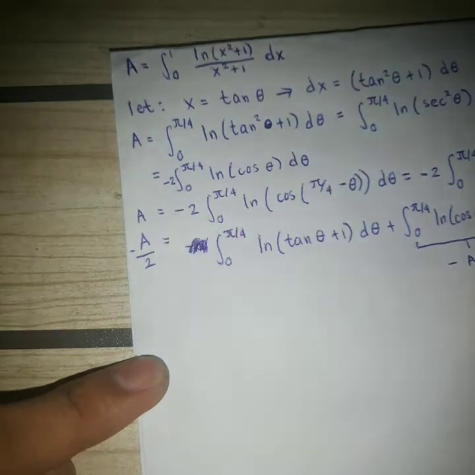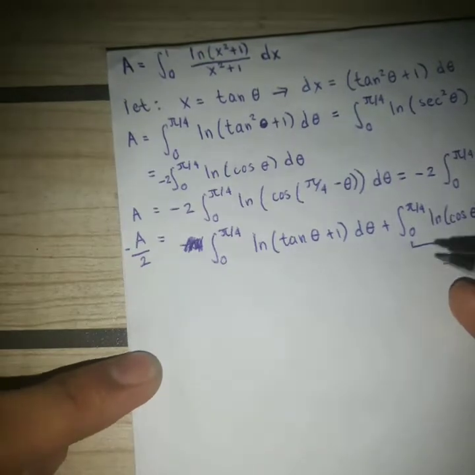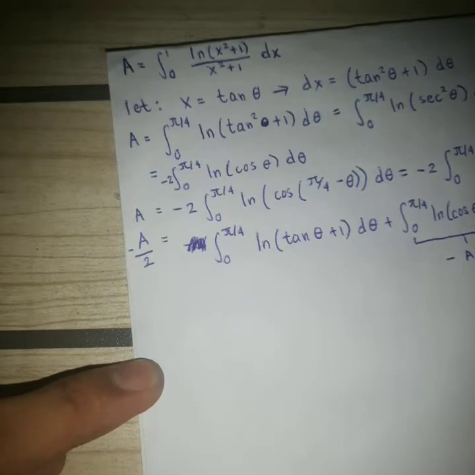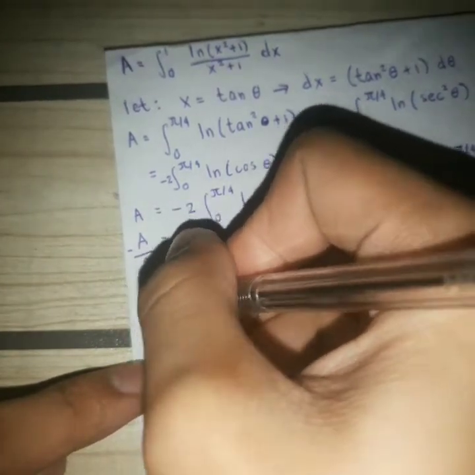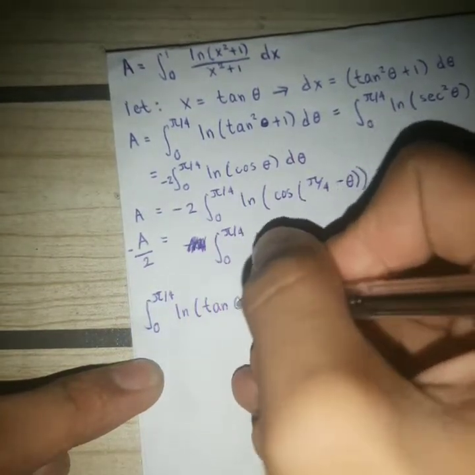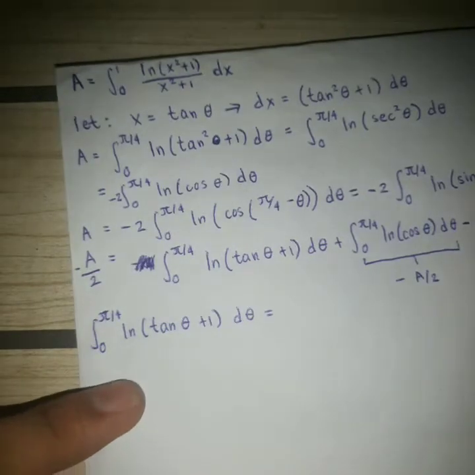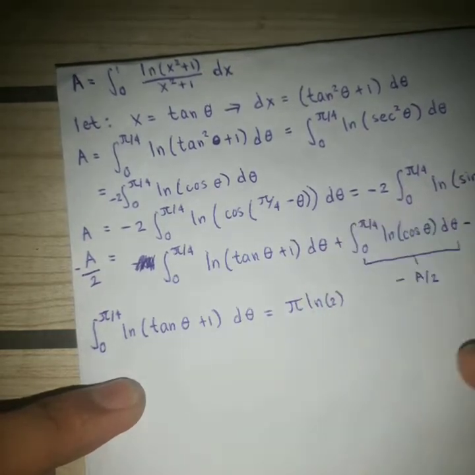If we cancel those terms from both sides, then we will get the answer for this integral: the integral from 0 to pi over 4 of ln(tan theta plus 1) d theta is just equal to, if we transpose this to the other side of the equation, it will become positive. So this is equal to pi ln 2 over 8.